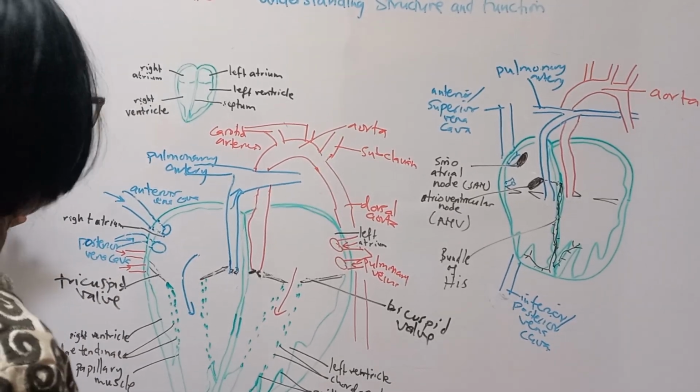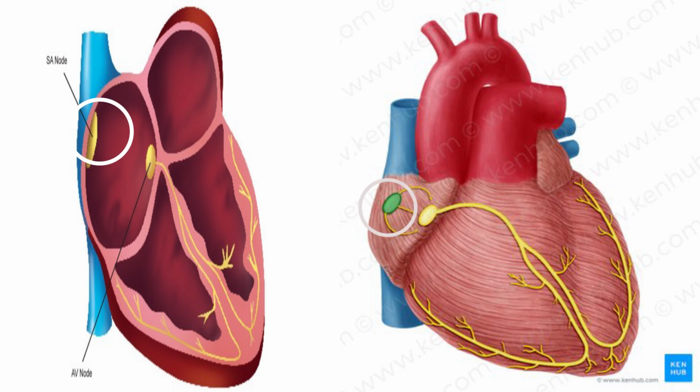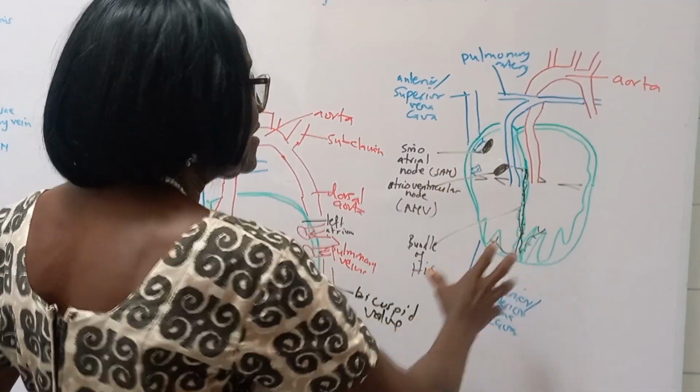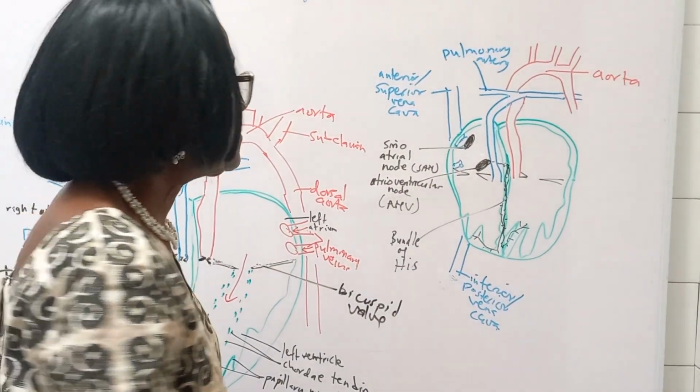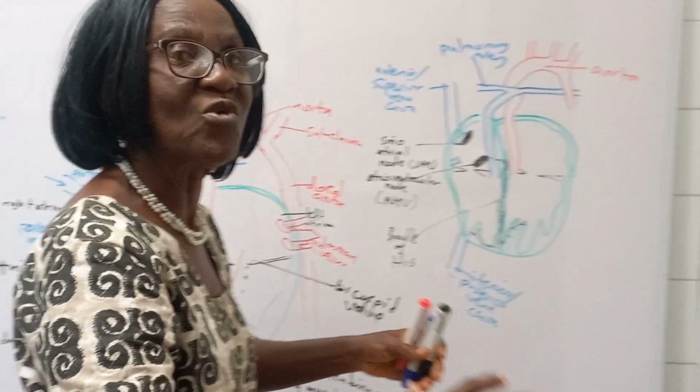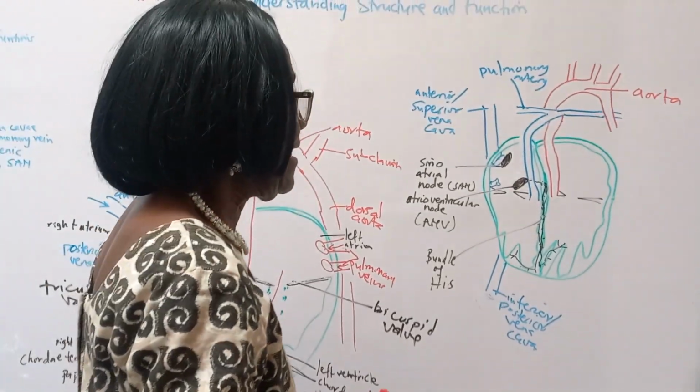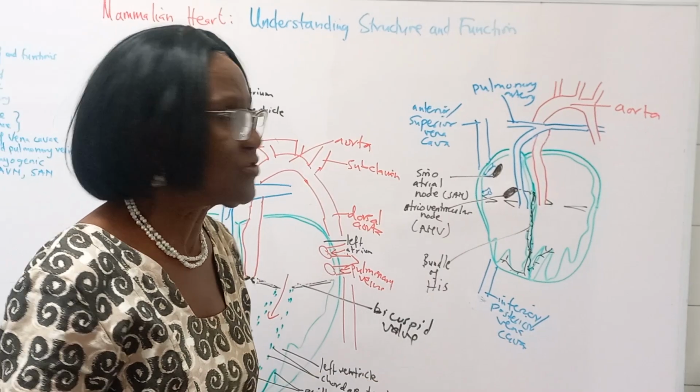and then the nodes, the sinoatrial node and the atrioventricular node. Now, as we have said, the whole heart is myogenic. It means the heart muscle can contract on its own. It is not neurogenic. It doesn't need nerves to contract.